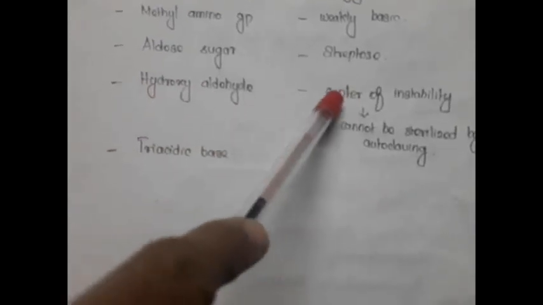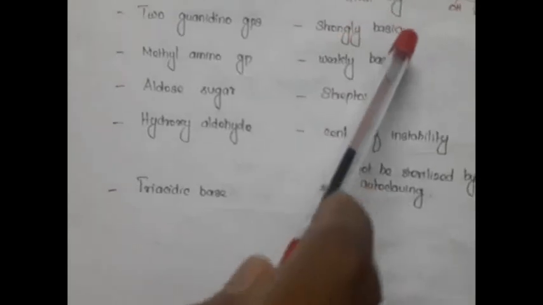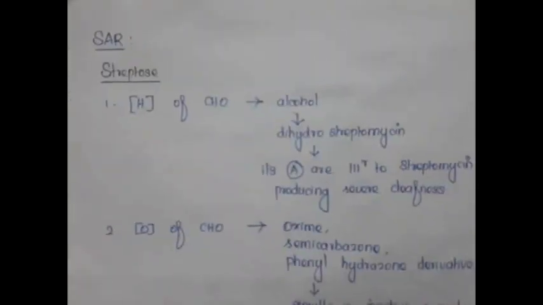It has one aldose sugar, streptose, which has a hydroxyaldehyde that acts as a center of instability. Because of that, streptomycin cannot be sterilized by autoclaving. It has two strong bases and one weak base, so it is called a triacidic base.